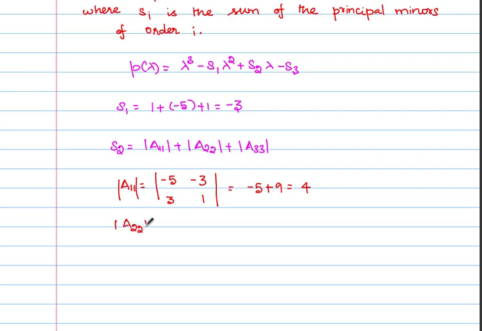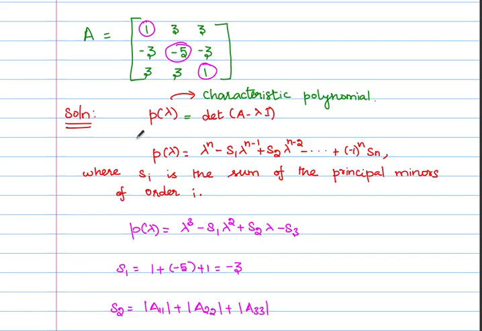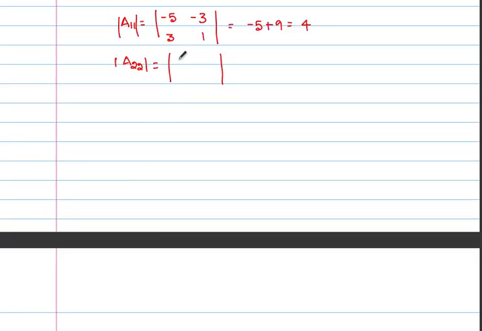A22: you remove the second row and second column, so you will get 1, 3, 3, 1. That gives 1 minus 9, which is minus 8.